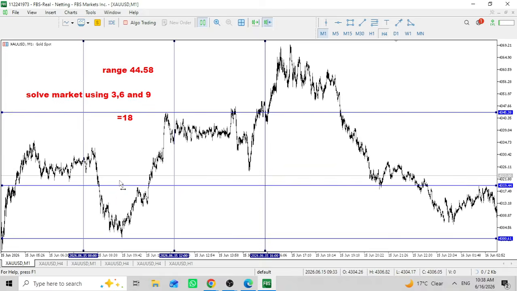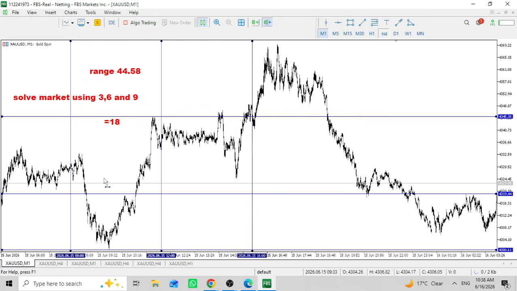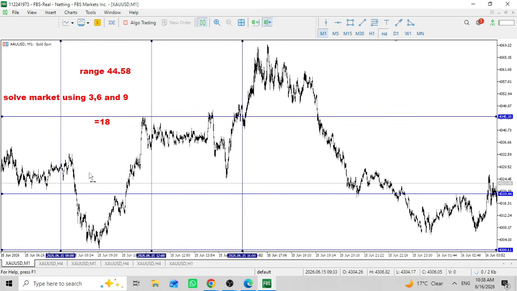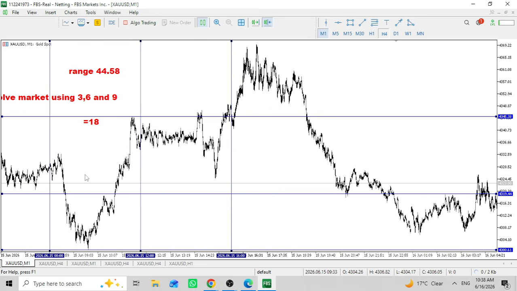And that is how you use 3, 6 and 9. You can basically use it with any 4-hour candle, but mostly I prefer using it with the 8 a.m. 4-hour candle. 8 a.m. 4-hour candle.